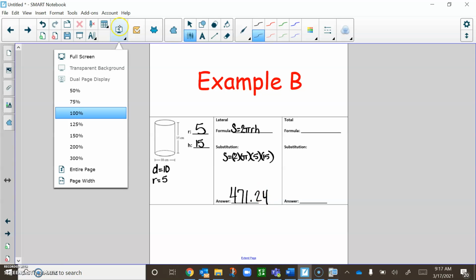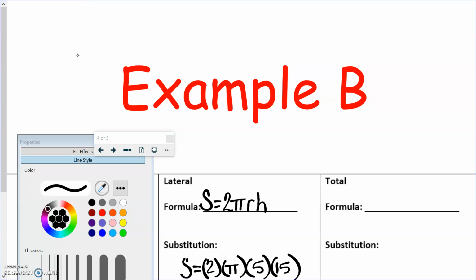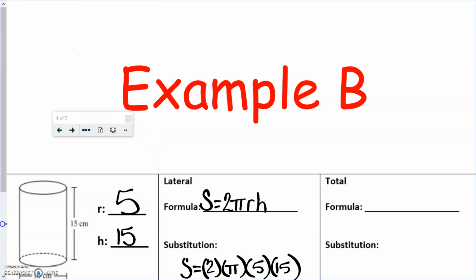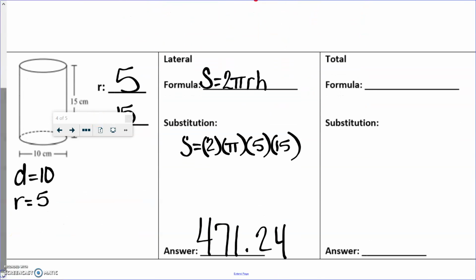Now, for our total surface area, remember our formula is the surface area is our lateral surface area plus 2 times pi times radius squared. Pi times radius squared is the area of a circle. We have 2 bases on the cylinder, which is why it's 2 times pi times radius squared.